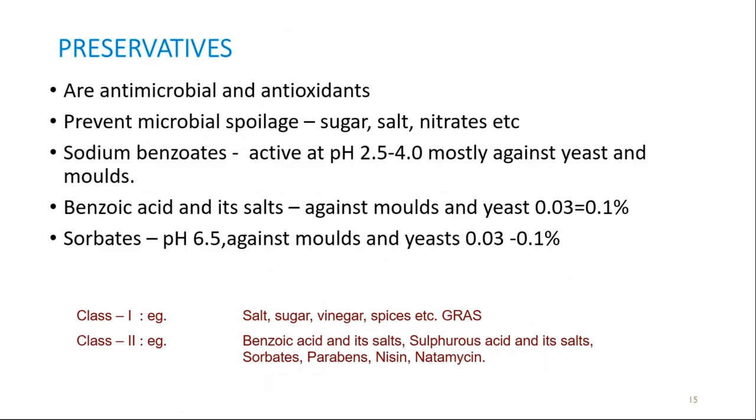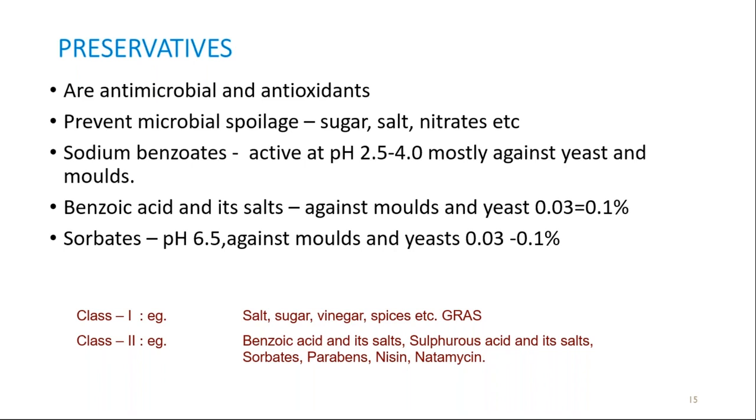Then we come to a major group which is known as preservatives. In the preservatives, we have the class 1 preservatives and the class 2 preservatives. The class 1 preservatives are all those that are GRAS, generally recognized as safe, which include salt, sugar, vinegar, and spices.